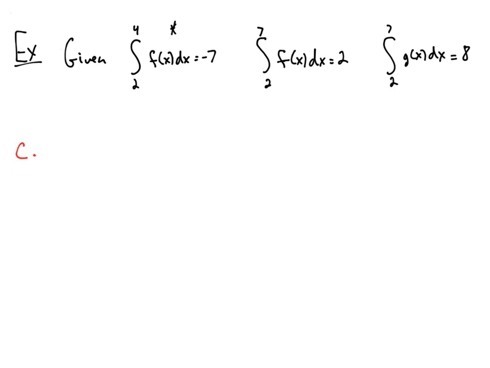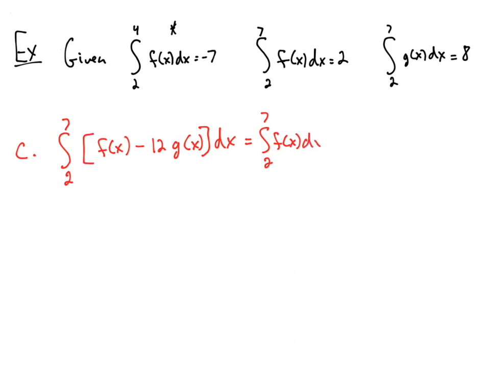And we have one last one. This says find the integral from 2 to 7 of f of x minus 12 g of x dx. What we can do is when we have the sum or difference of two functions, we can split these up into two integrals using the same limits of integration. So the limits of integration here are 2 and 7.